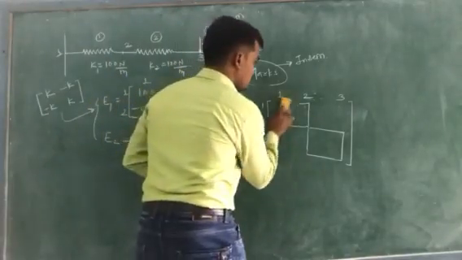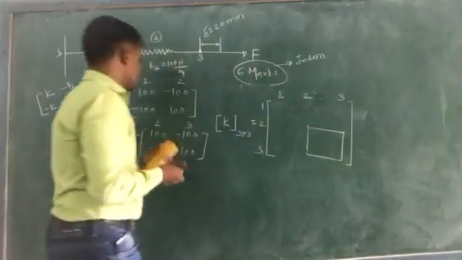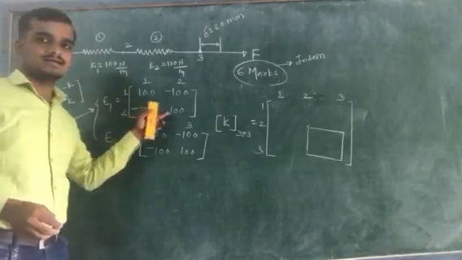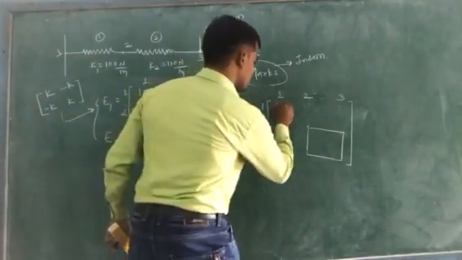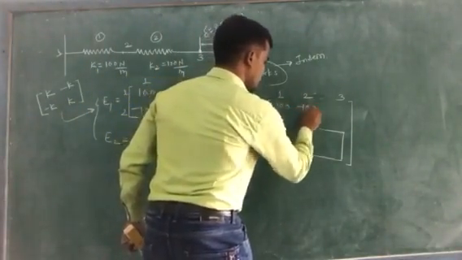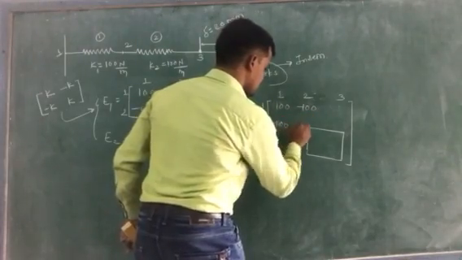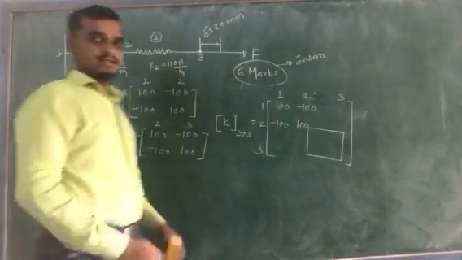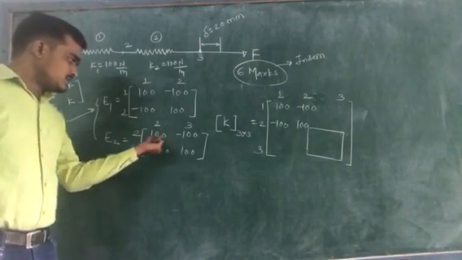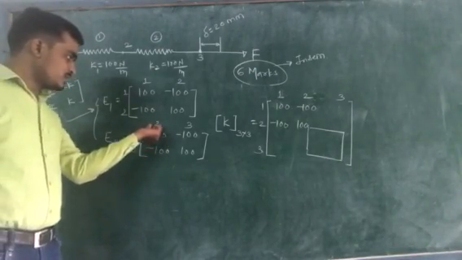For the first, this is 100, minus 100, minus 100, 100. So it will become 100, minus 100, minus 100 and 100. Then next, write down these elements over the position between 2 and 3.